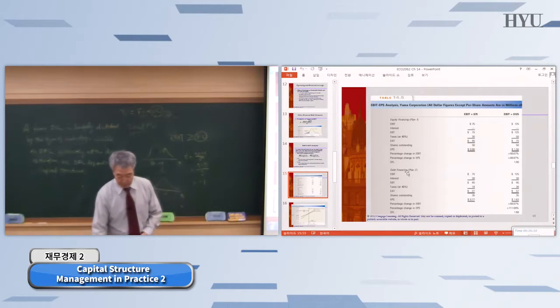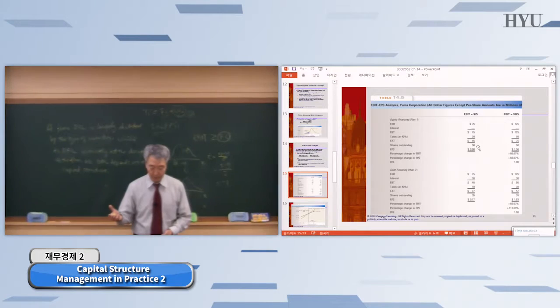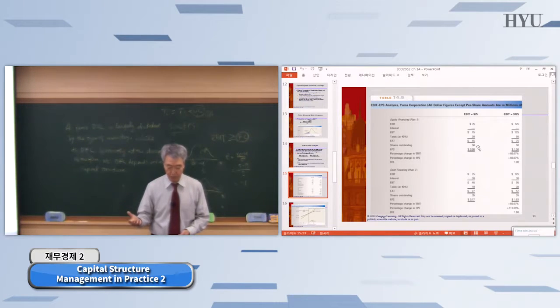So if you compare these, the story is currently the company has 35 million shares outstanding.